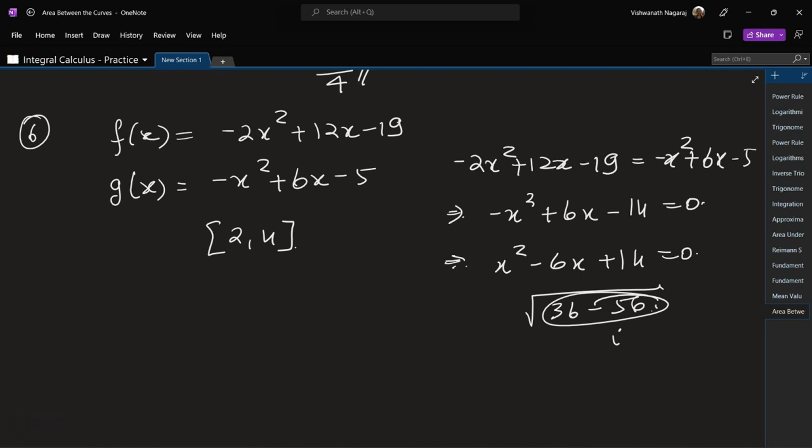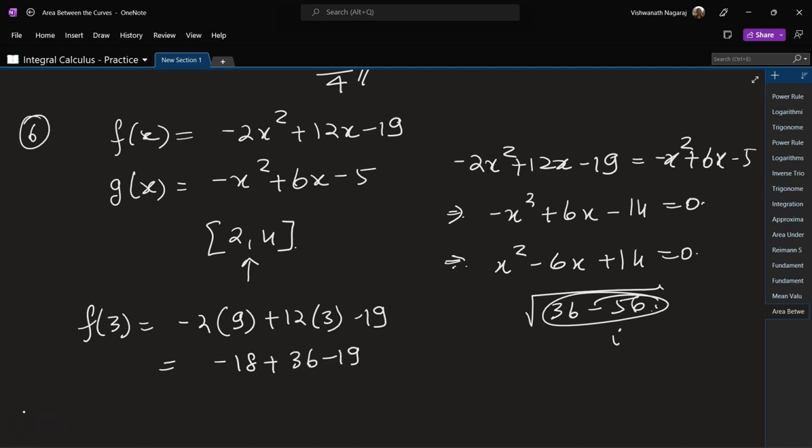Now, the second thing we have to figure out is which is higher. So let's pick a value in between these two. So let's say 3. So f of 3 is equal to minus 2 times 9 plus 12 times 3 minus 19, which gives us minus 18 plus 36 minus 19, which is minus 1.